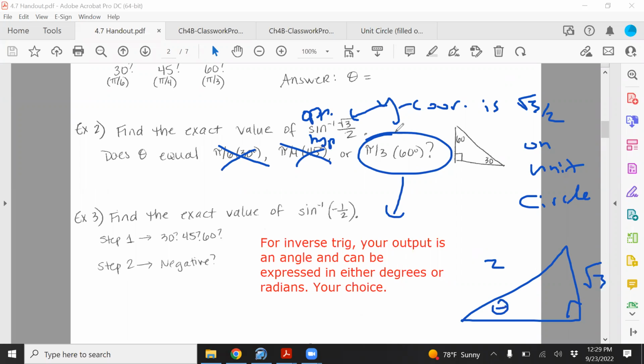If I did Pythagorean theorem again, you can use the one that's in your notes. What would A equal? √3 squared plus A squared equals 2 squared. What's A going to equal if you worked it out? 1. Good.